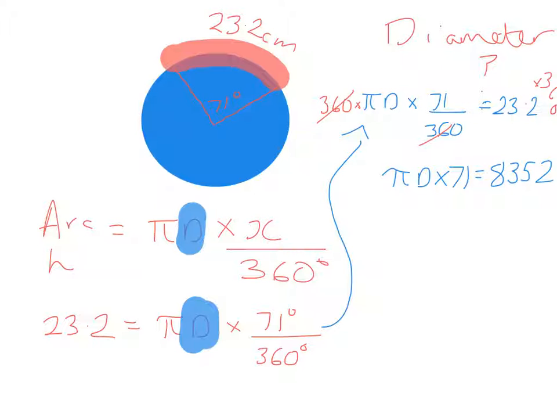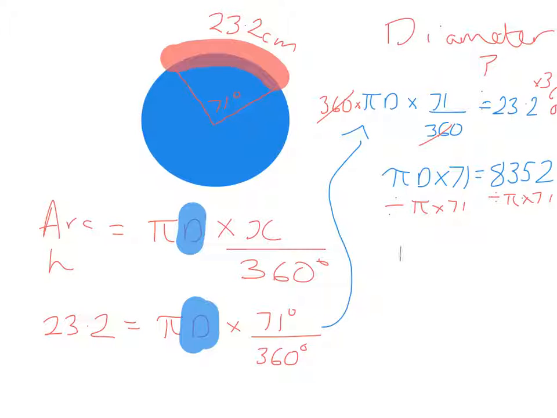On the left hand side of my equation I've got pi d times 71. Pi is just a number, pi is 3.14 and so on. So I just want to find out what d is. So both pi and 71 are multiplying the diameter. So to undo multiplying, I'm going to divide both sides by pi times 71.